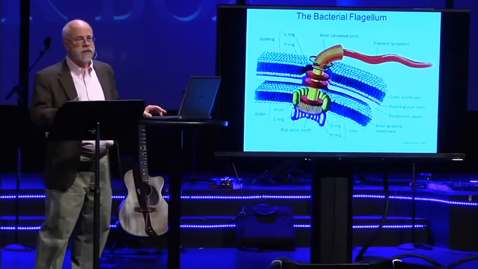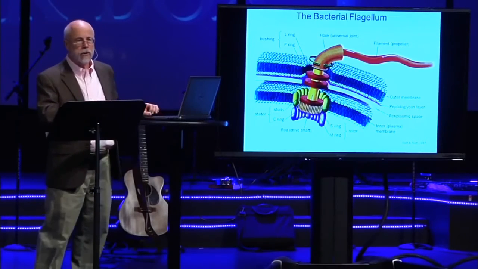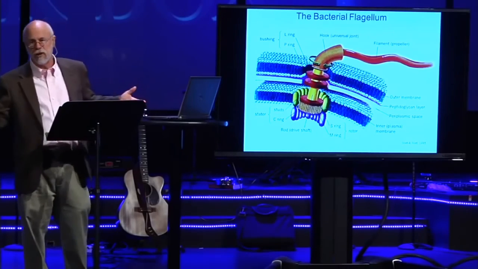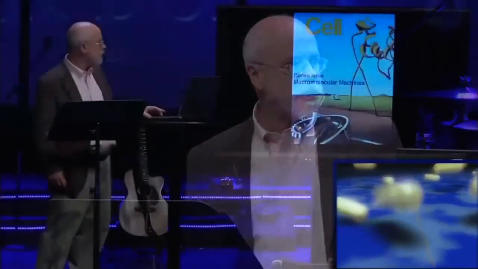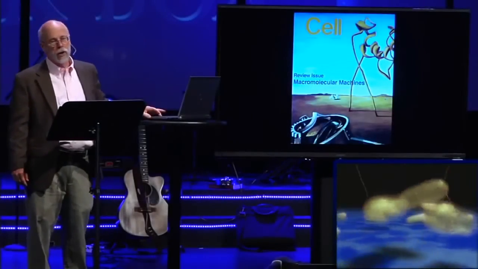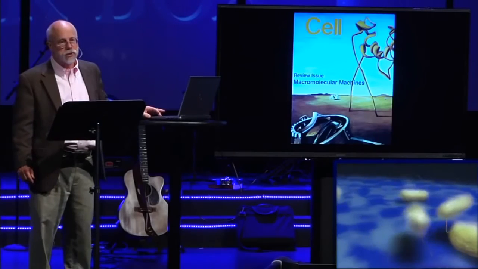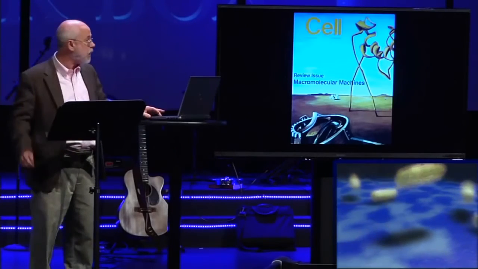Well, you might ask, is this some kind of freak of nature? Is everything else relatively simple, and then we see this? No, it turns out that things like this are everywhere you look at the cellular and molecular level of biology. Just as an example, here's the cover of an issue of Cell, which is a journal for professional biologists.